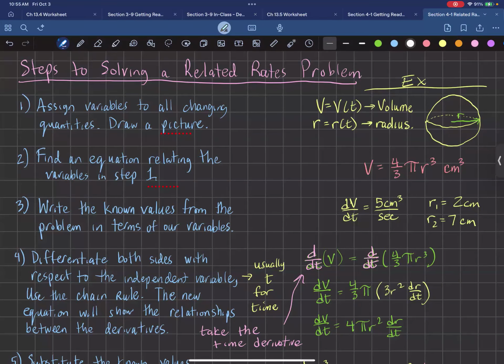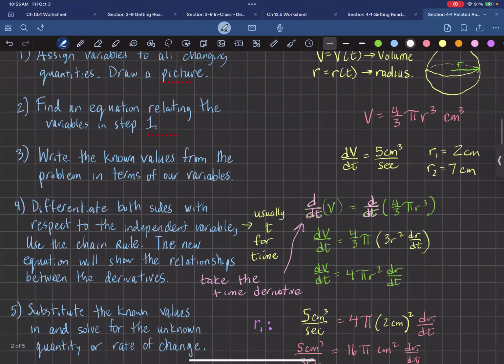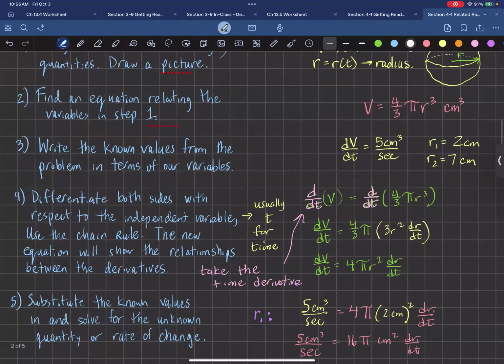At that point, we're going to substitute in any known values that we have and solve for the unknown quantity or rate of change. Sometimes we're looking for the rate of change. Sometimes we're looking for the quantity where that happens. So dV/dt we had was 5 centimeters cubed per second from up here.